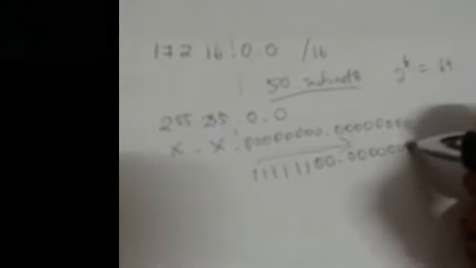We want 50. So if we borrow 6 bits, 1, 2, 3, 4, 5, 6, then the rest is zeros. If we borrow 6 bits from the third octet, that will give us 2 raised to the power 6, which is 64, and we need only 50, so we end up with 14 extra.